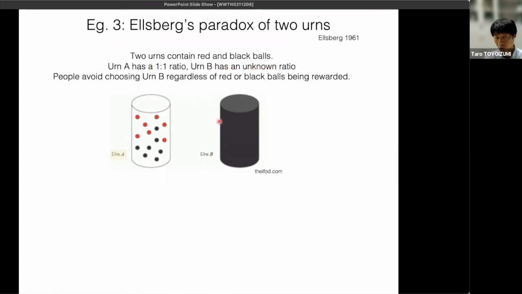We don't know the ratio of red and black balls. And interestingly, people avoid choosing urn B, this uncertain urn, regardless of red or black balls being rewarded. Regardless of the winning color, people still choose this transparent option. Why is this the case?